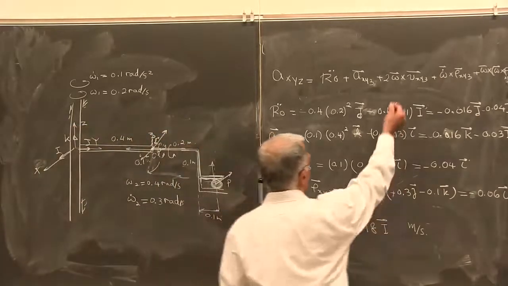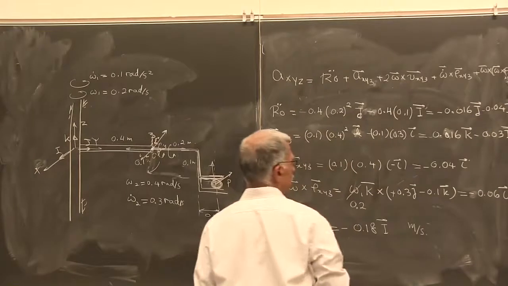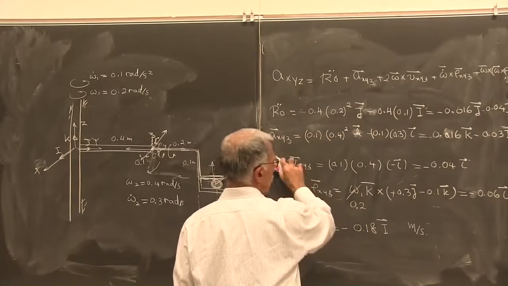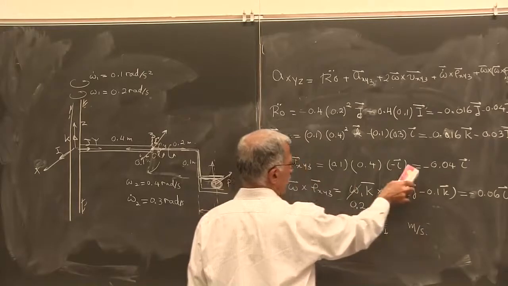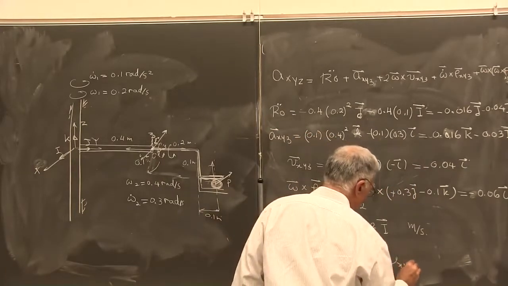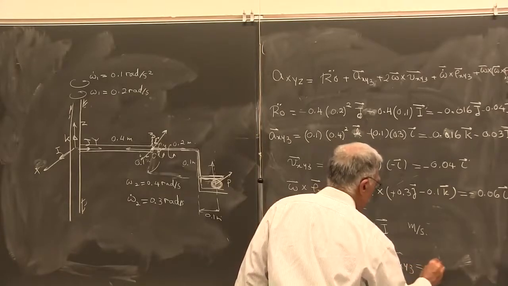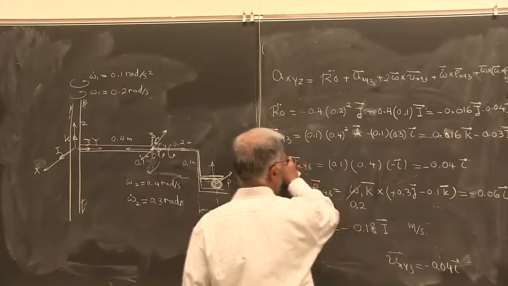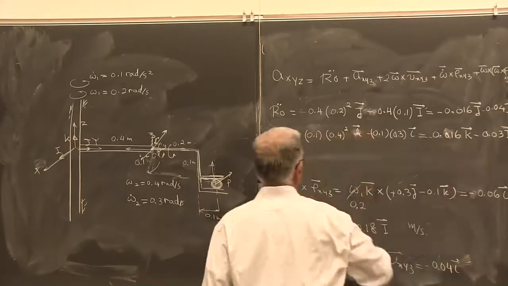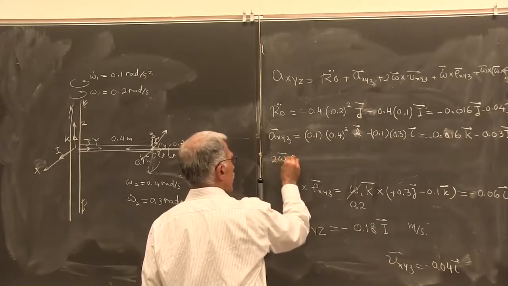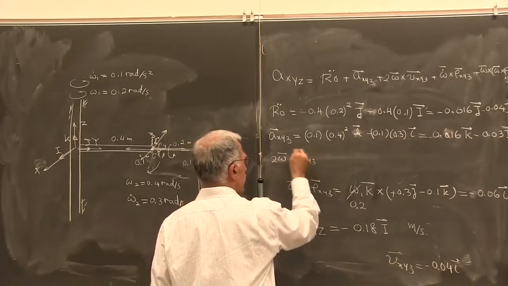Then you have 2 omega times Vxyz, and our Vxyz is here, so minus 0.04 I. I'm going to erase this one, but remember Vxyz is a point. I write it here in the bottom. Vxyz, for my own reference, is minus 0.04 I. Then I have 2 omega times Vxyz.